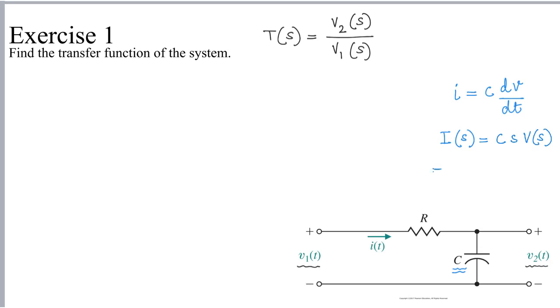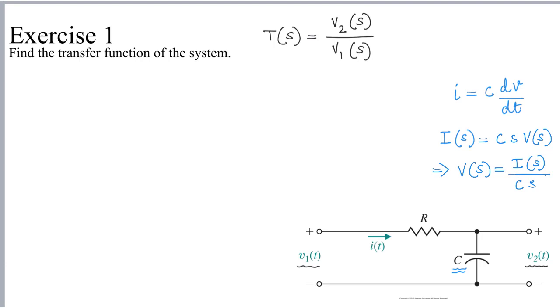So we could write V(s) equal to I(s) over s times C. C comes in the denominator, right?